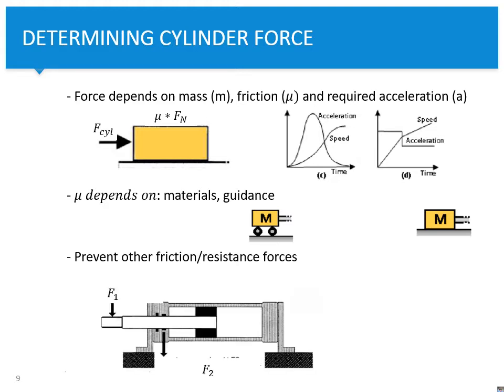Over here, what you need to take care of, if we have a cylinder that needs to deliver a horizontal force, of course, if you start applying a vertical load, it will have consequences for the cylinder and for the size of the cylinder you will need. So always take care of your design before you are going to actually choose a cylinder.